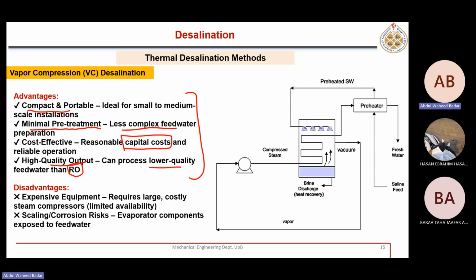Then RO, the next system which we will see. The system overall is expensive equipment, requires large, costly steam compressors. And of course, you need to give electrical energy to drive that compressor. And of course, there is scaling, corrosion risks, evaporator components exposed to feed water.